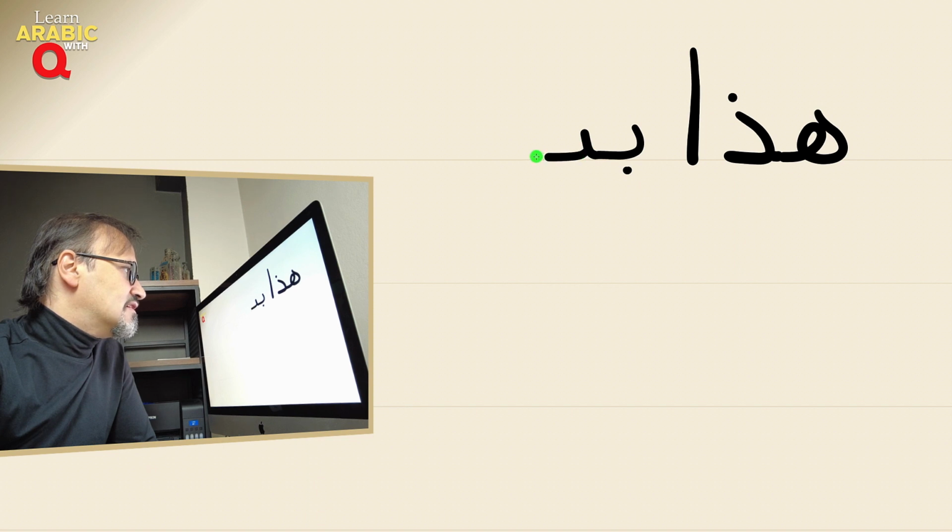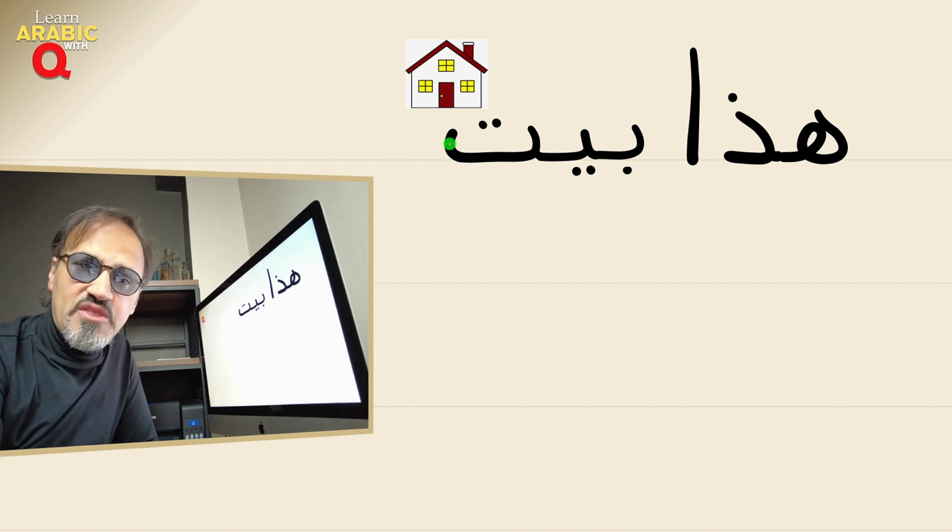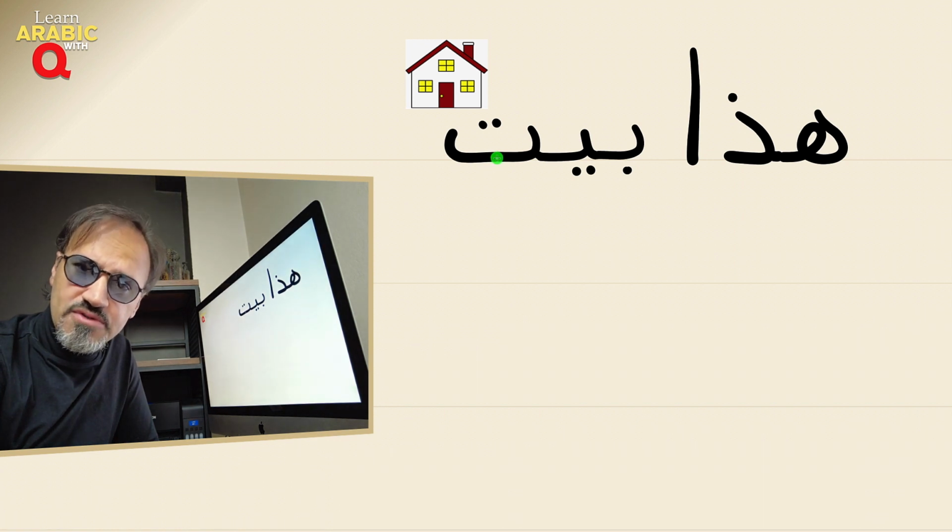There's a ya, two dots, and a te. And the te is connected, and it's a boat shape as well. And it has two dots on the top. So let's read this together. Hada bait, which means this is a house.